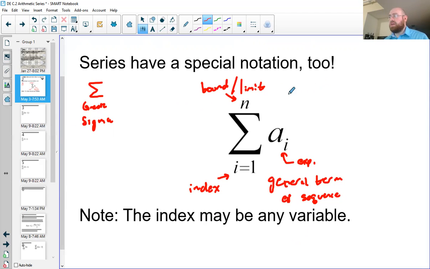Note that the upper bound can equal infinity. It can also equal any other whole number, but on occasion we will let it equal infinity and see what happens.